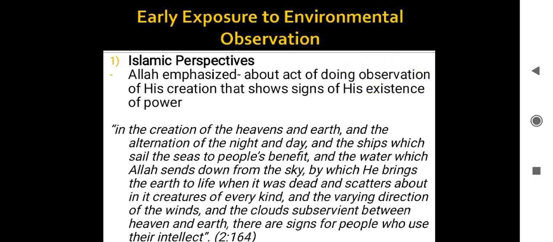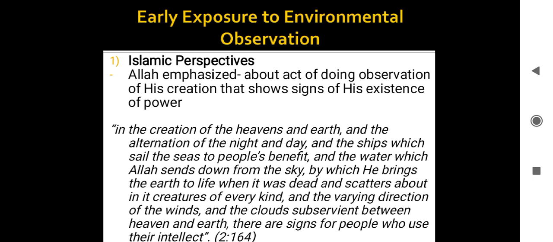Observation means we observe, we look, we understand about the creation. So when we are able to understand by observation, then we will understand Allah subhanahu wa ta'ala. He is the one, He exists, and His power.